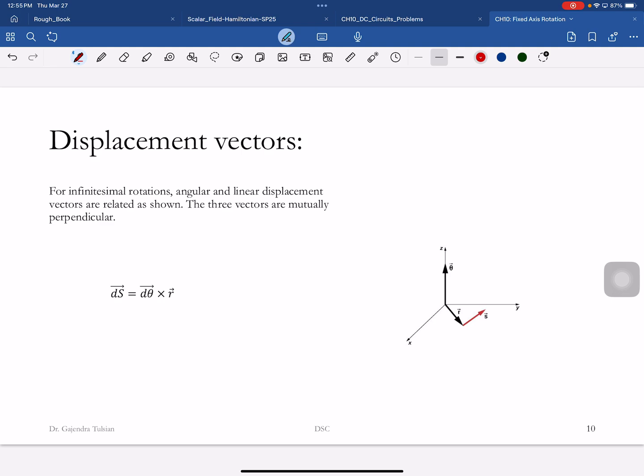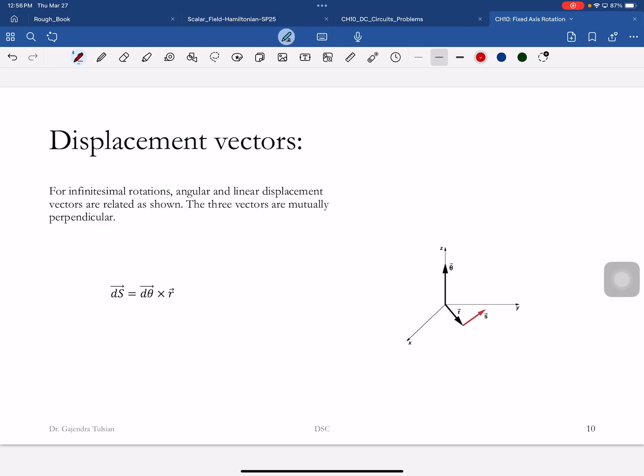All right. So let's say I rotate this object by a small angle. What was the distance through which this moved? This moved through a distance ds. You see the further out you are from the axis, the more it moves for the same small angle.